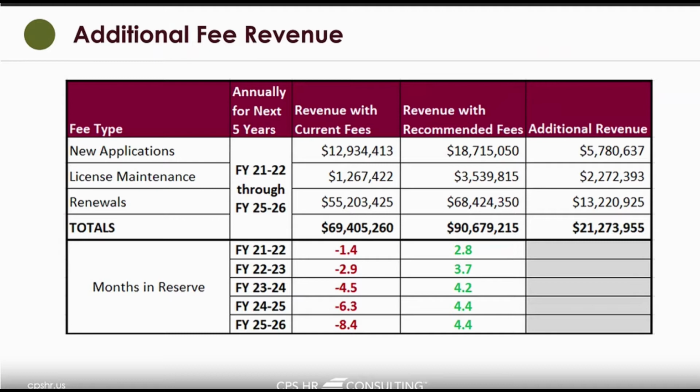Contrast that with if the new fees were recommended, the projections would indicate that in 21-22, the board would achieve 2.8 months in reserves, and that months in reserve essentially gradually builds over time. So we were careful in identifying the recommended fee amounts that we didn't get the board too much revenue too soon, or the opposite. So these fee levels were designed to have a gradual buildup of the reserve without exceeding that 6 months that is in statute maximum. Next slide, please.